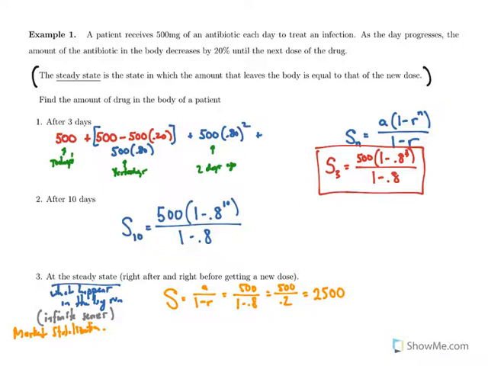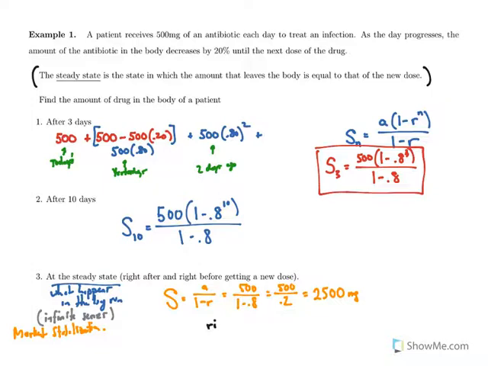So this is saying that in the long run, we're going to have 2,500 milligrams of this drug in the body. So how much is in the body right after and right before getting a new dose?